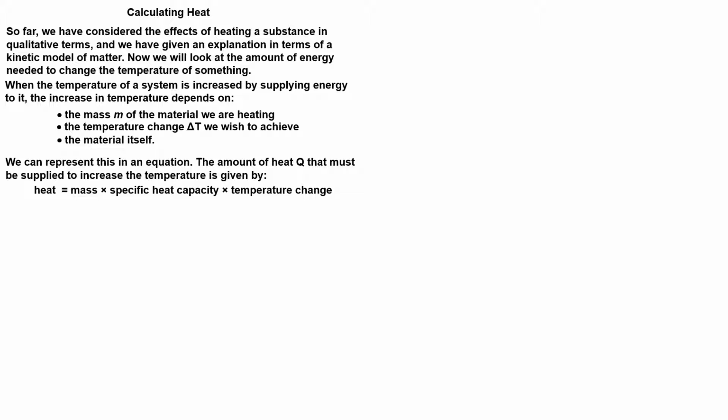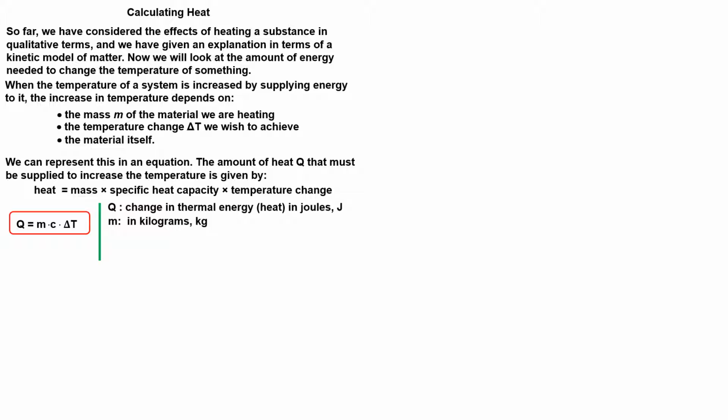In general, we can write the equation of heat as Q = mcΔT. Q, change in thermal energy, in joules. m, mass, in kilograms. c, specific heat capacity, in joules per kilogram per degree Celsius.